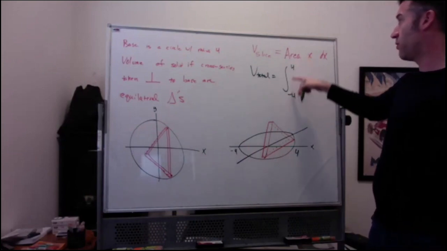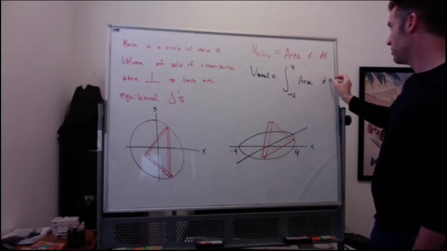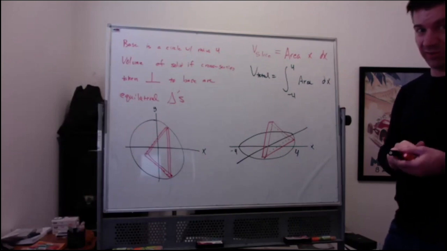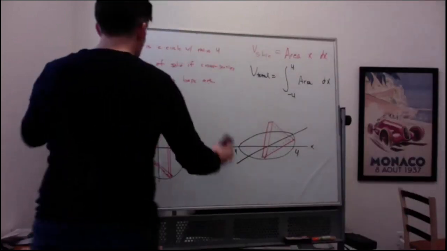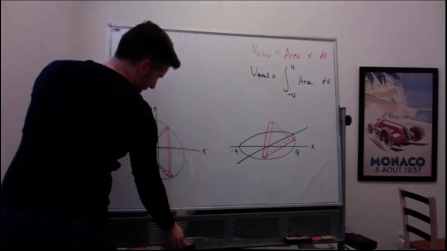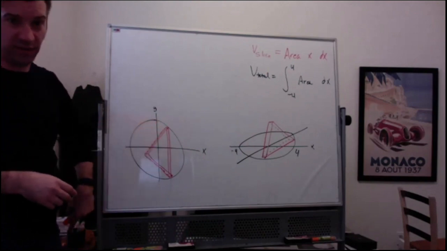So it's going to be from -4 to 4, the area of the triangle, which we don't know yet, dx. So we do have to find the formula for the area of an equilateral triangle. And even more importantly, you have to find it in terms of the base of it being between the top half of that circle and the bottom half of that circle.